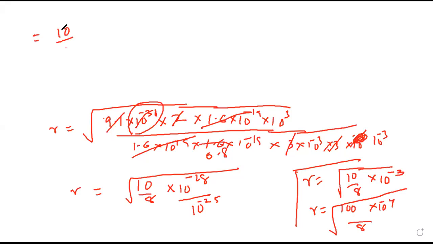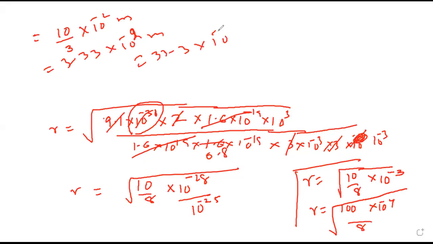Root 8 you can take roughly 3, so it is 3.33 into 10 raised to minus 2 meter. That is same as 33.3 into 10 raised to minus 3 meter, or 33.3 millimeter. So it is close to 36, option A.